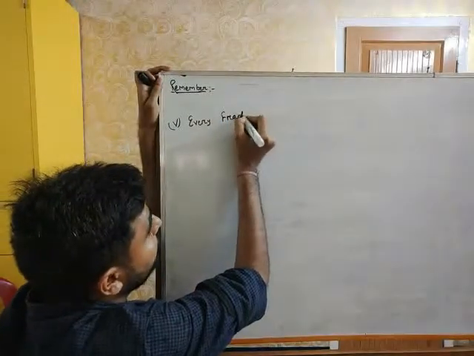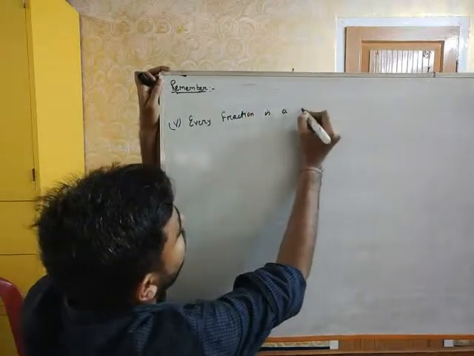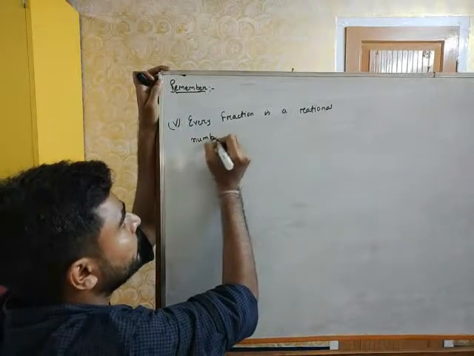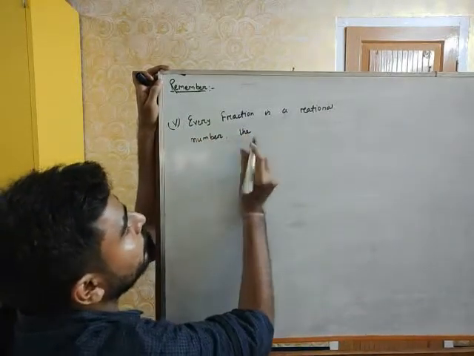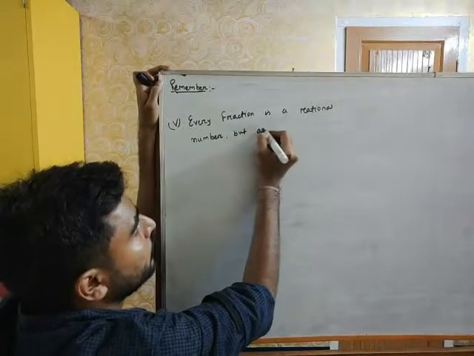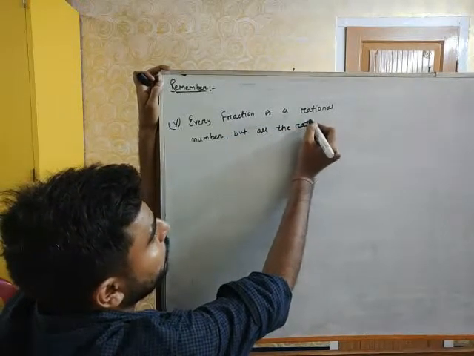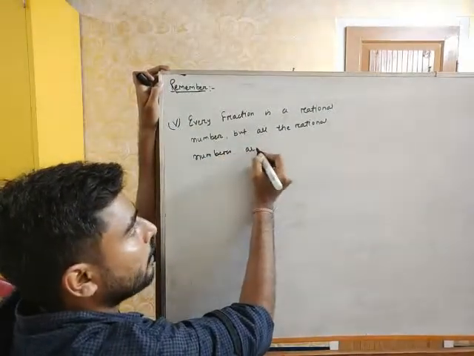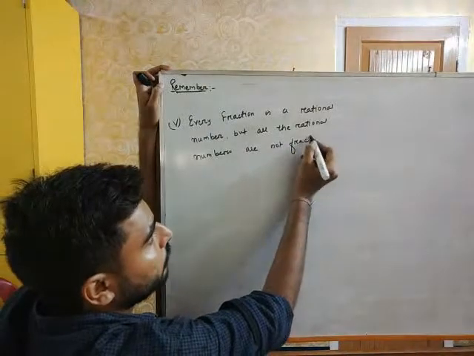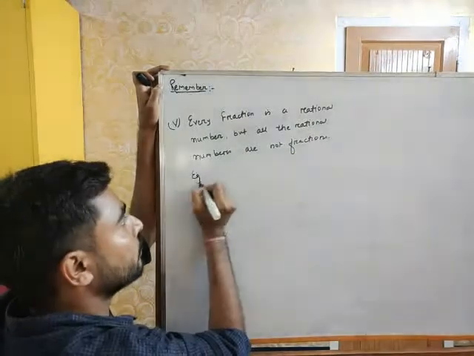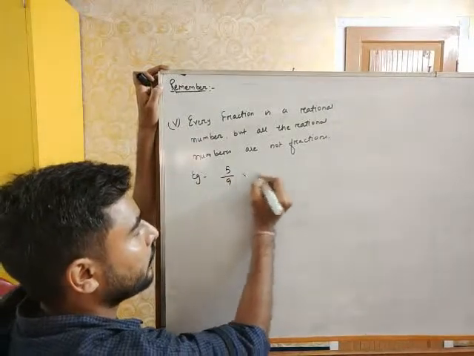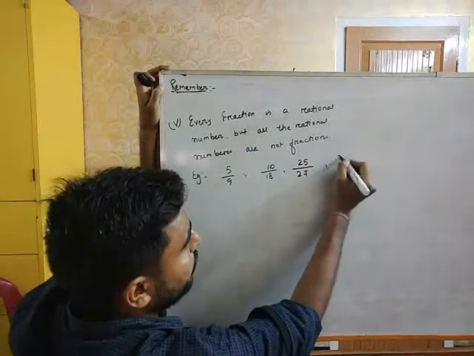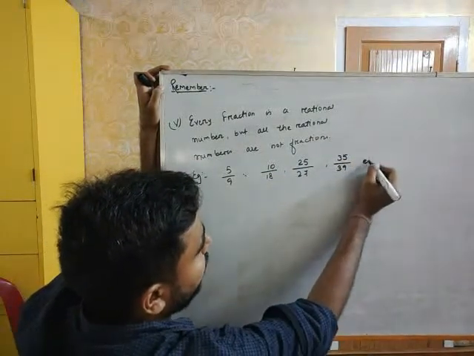Every fraction is a rational number, but all the rational numbers are not fractions. Example, I can write 5 by 9, 10 by 18, 25 by 27, 35 by 39, etc.